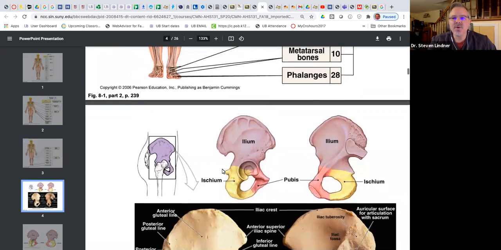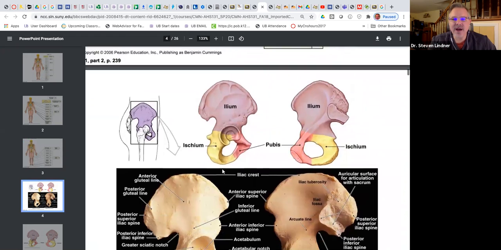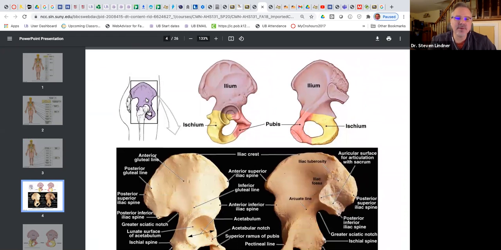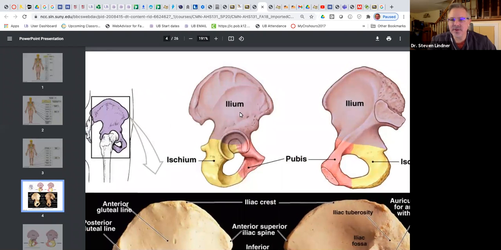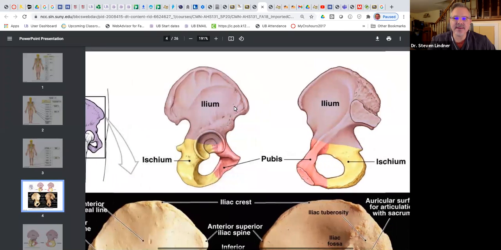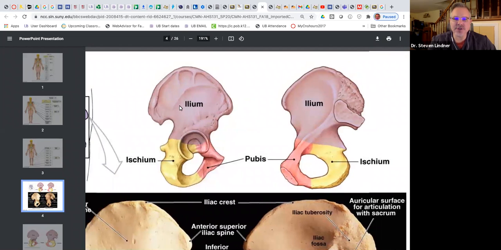Okay. So we're going to start with the os coxa, which is this purple bone here. And what you'll see is that the os coxa is composed of these three bones, right? The ilium, which is the largest, the pubic bone, which is anterior, and then the ischium. Then these three bones, the ilium, the ischium, and the pubic bone, they ankylose.